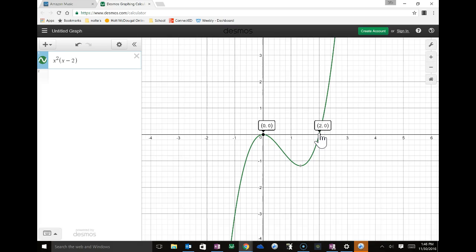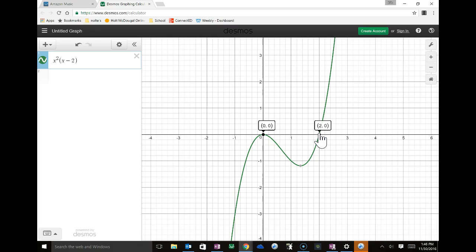Outside and inside of the parentheses. What do you do with the parentheses? Set them equal to what number? To 0. Remember that x-intercepts are also known as zeros? So if I took x squared and set it equal to 0, what would I get? 0. Boom. If I took x minus 2 and set that equal to 0, what would I get? 2.